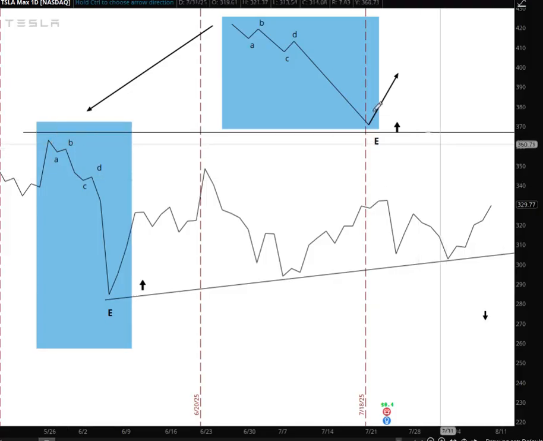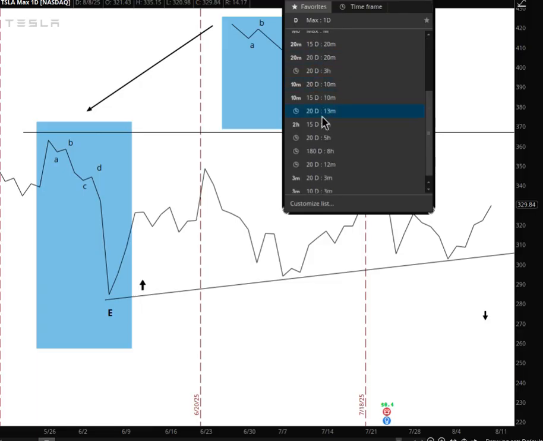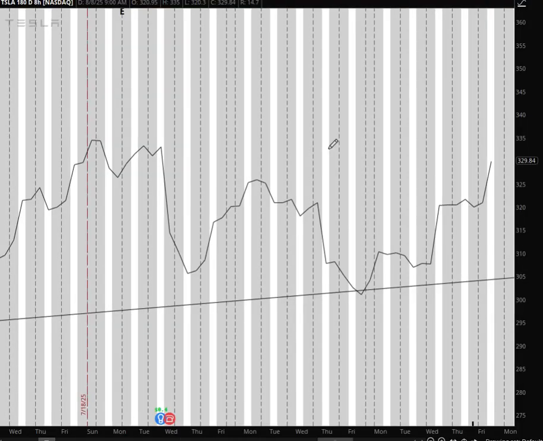So what you have to do, as I mentioned before, you have to go to the different time frames to find the reoccurring fractals. Now, if we go to the 8-hour time frame, things are going to change. Right now, we have nothing here on the 8-hour time frame.